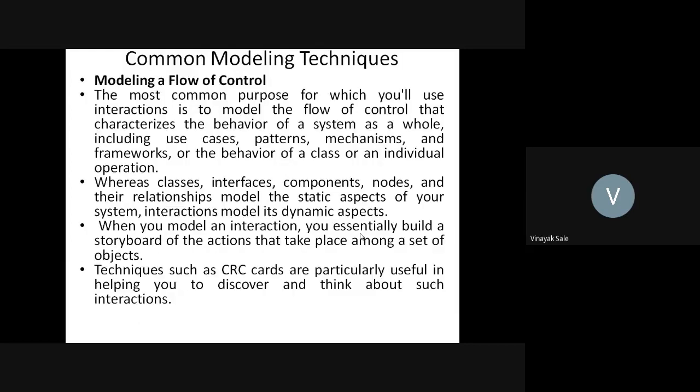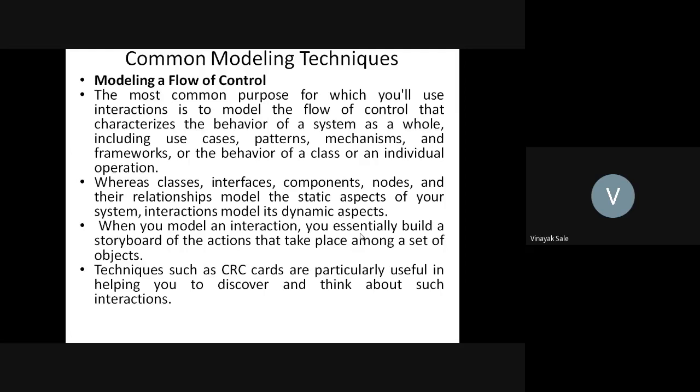So what is modeling a flow of control? The most common purpose for which you will use interactions is to model the flow of control that characterizes the behavior of the system as a whole, including use cases, patterns, mechanisms, and frameworks, or the behavior of a class or an individual operation.